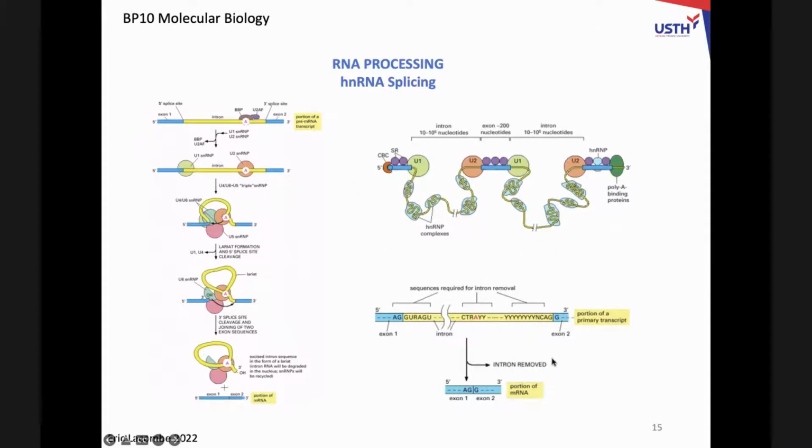The bottom figure there is just to show you what could be the consensus sequence in order to identify the intron-exon junction. You see, it's not very clear. The sequence that is recognized by U1 is quite well defined. We know that it's A, G, and then there is a consensus sequence in the intron.